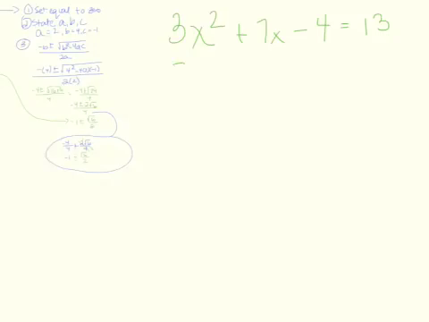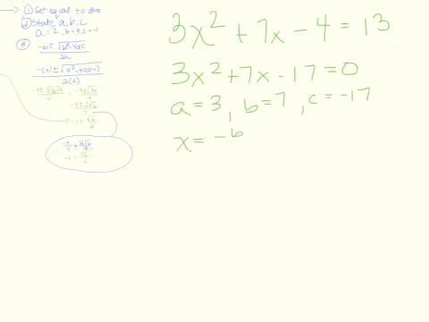So you've got 3x squared plus 7x minus 17 equals 0. Rule 2 is A, B, and C. A is 3, B is 7, and C is negative 17. Rule 3, put it in the formula and simplify. I'm going to give you a moment on that.